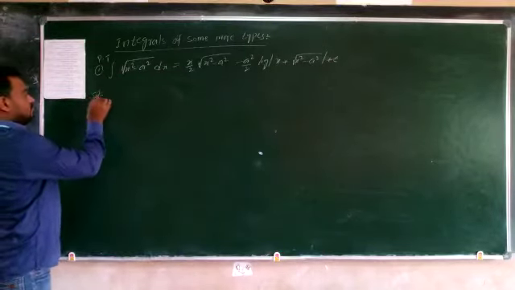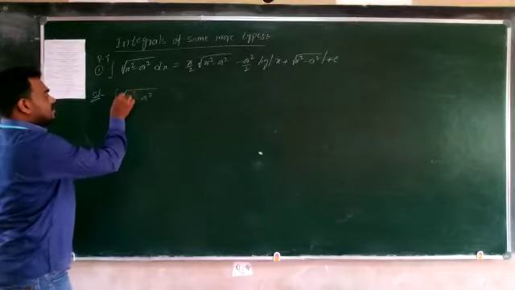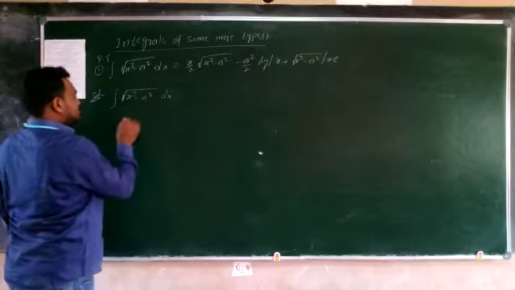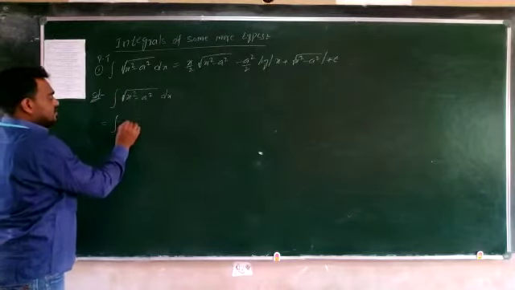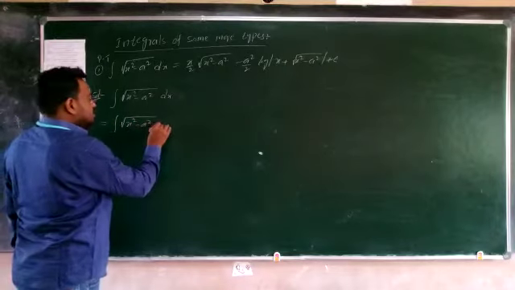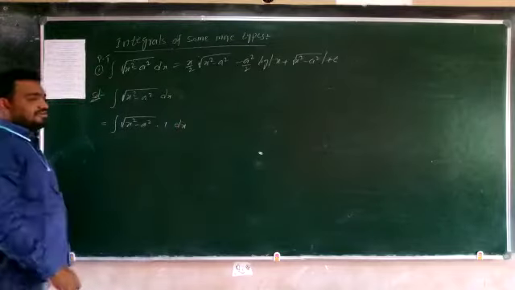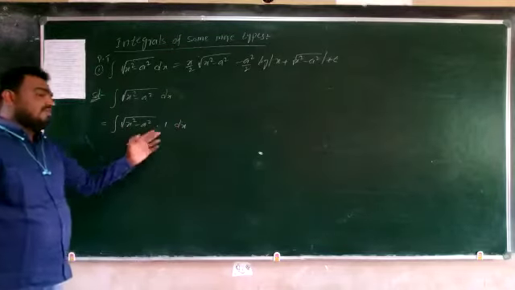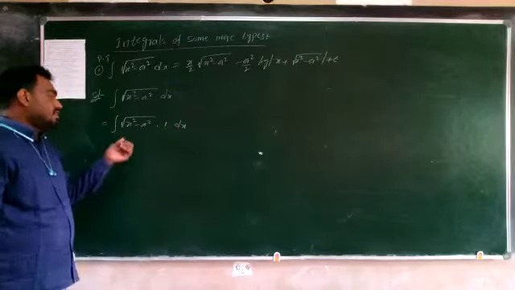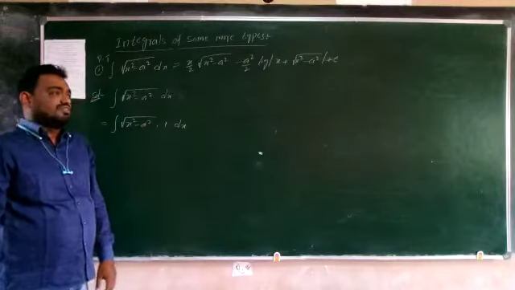Proof. So integration of square root of x square minus a square into dx is equal to integration of under root of x square minus a square into 1 into dx. 1 is nothing but x power of 0. Now here, this is an algebraic function only. This is also an algebraic function only.